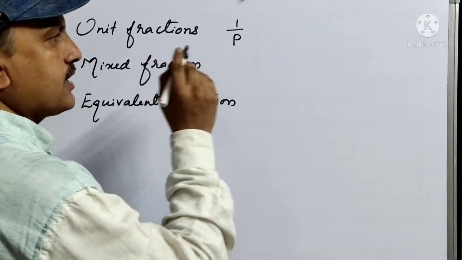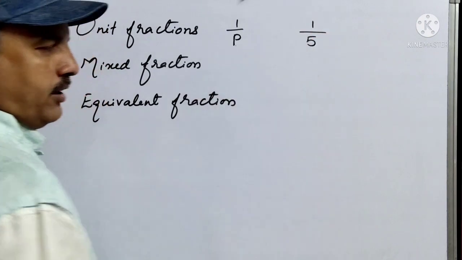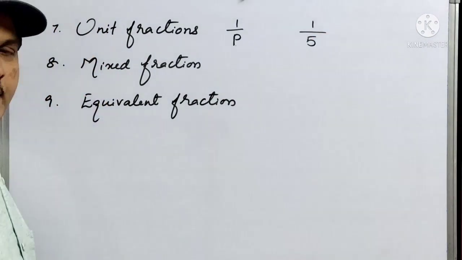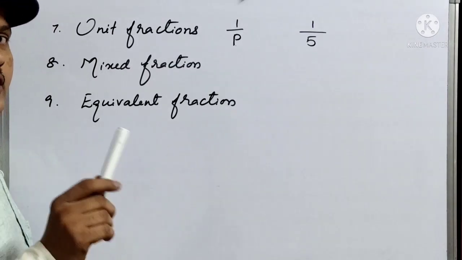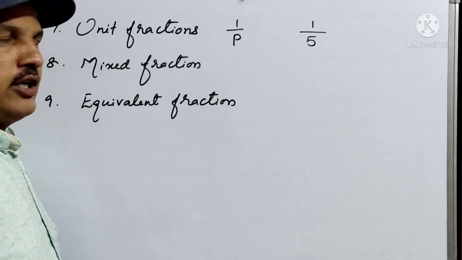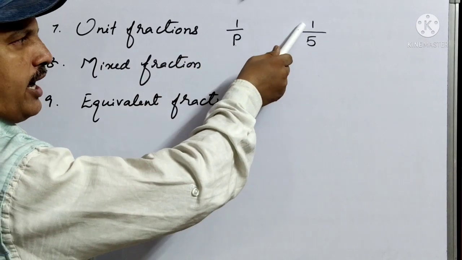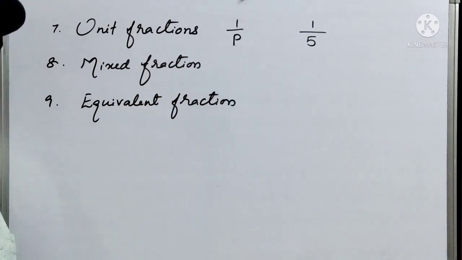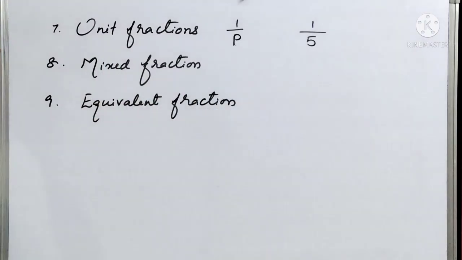That means compulsorily the numerator should be 1 and the denominator may be any natural number. I stressed natural number, because with whole numbers 1 by 0 is not defined. So unit fraction means the numerator is 1 and the denominator is any natural number. Such fractions are called unit fractions. Okay children. Now next one is what?